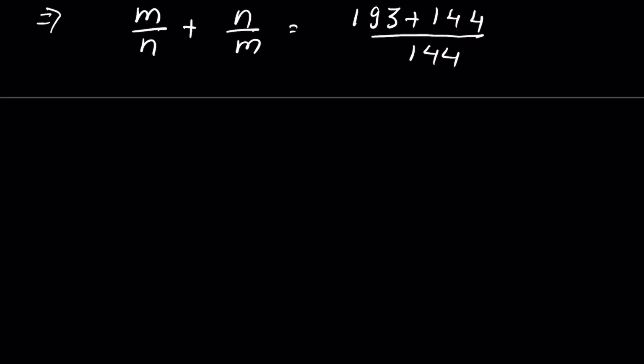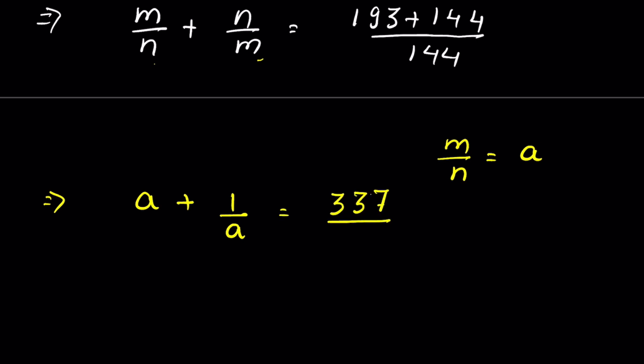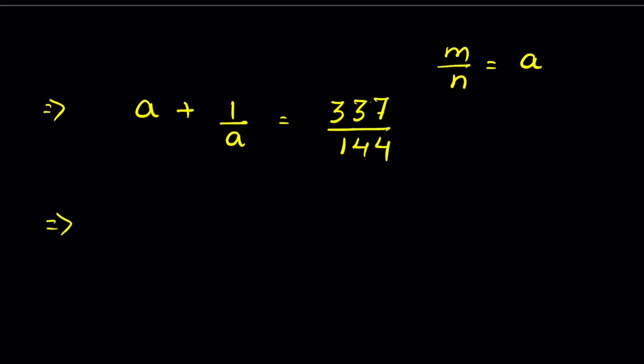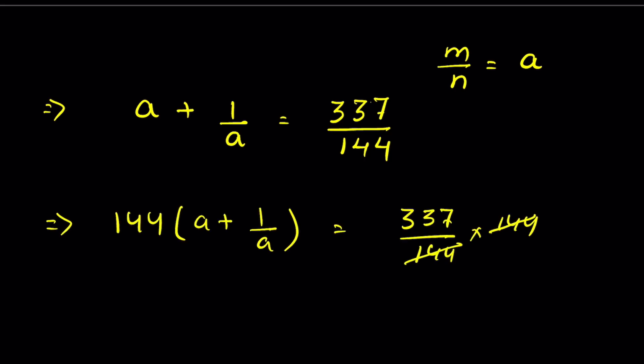Now let's consider m upon n is equal to a. In that case we have a plus 1 upon a, because n upon m is the reciprocal of m upon n, is equal to 337 upon 144. We multiply 144 to both sides. This 144 gets cancelled.